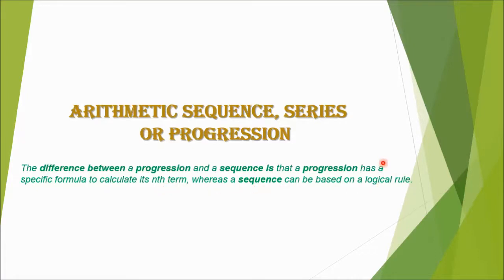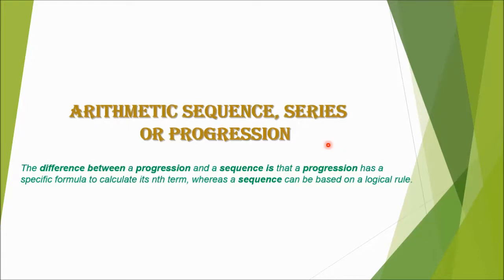We have found the general term of a sequence in class 9 in three ways. One, by checking whether the terms are a linear sequence, a quadratic sequence, or we did some questions. We found Tn of some sequences by applying logic, isn't it? But in progression, it has a fixed or specific formula to calculate the nth term.